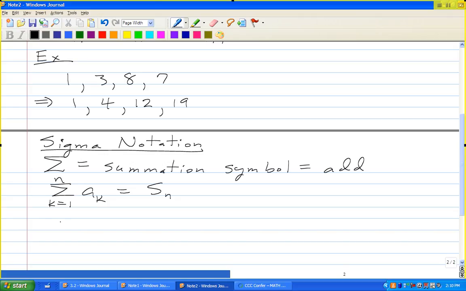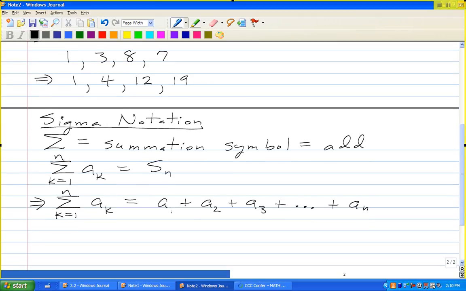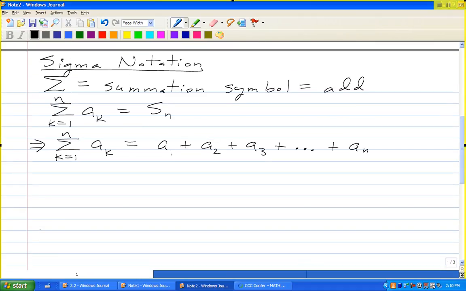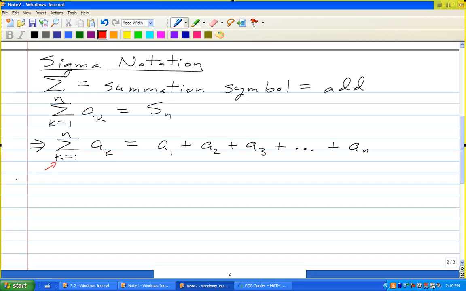So this means that the sum k equaling 1 to n of a sub k is just a1 plus a2 plus a3 up to a sub n. Okay. So this is your dummy index.